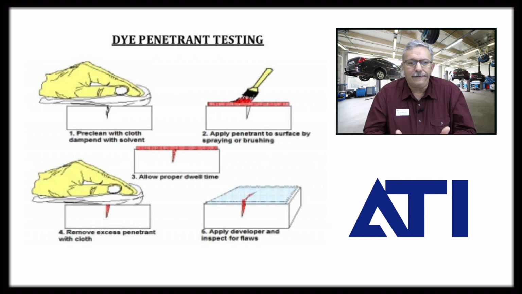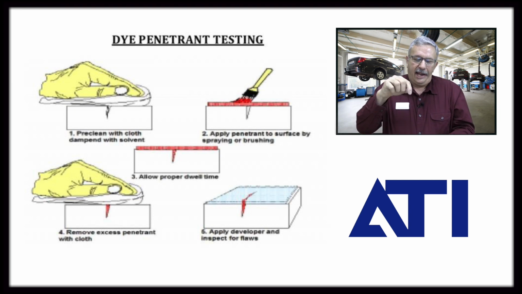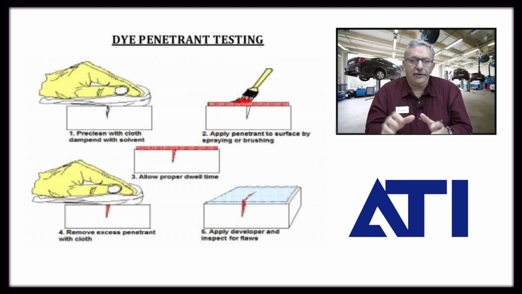This is called magnafluxing. There's a lot of different things they call it, but basically you're spraying a dye onto the aluminum part, then you're spraying an activator, and once that activator hits, anywhere you've got a crack, you'll actually see a purple line.